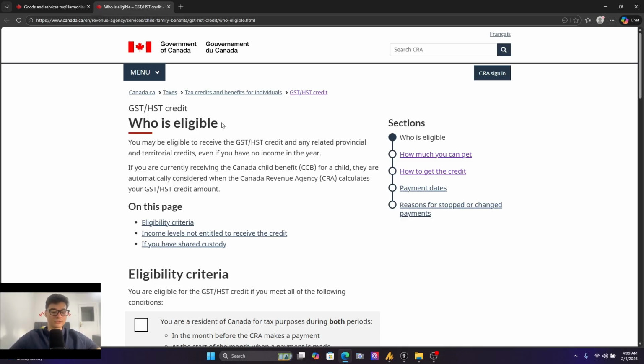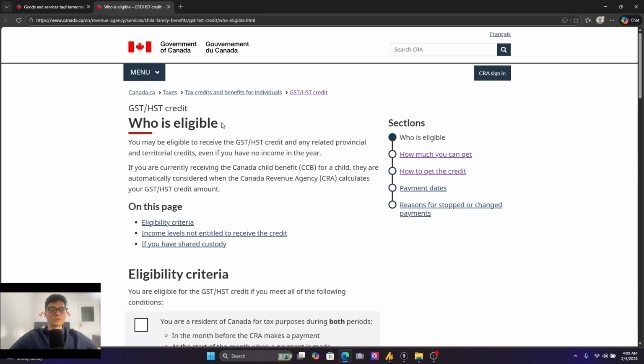Okay, so that's very important here. So there are a couple things there, with if you have shared custody, if you are divorced or separated, but yeah, those things, there are some things to consider there.